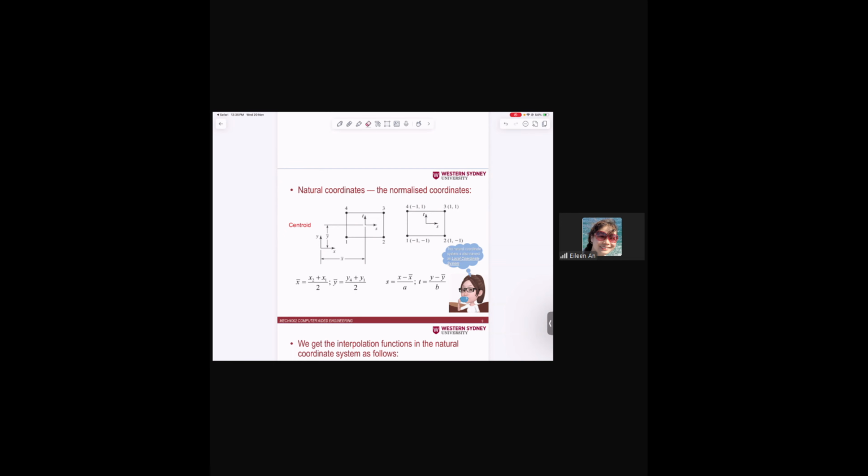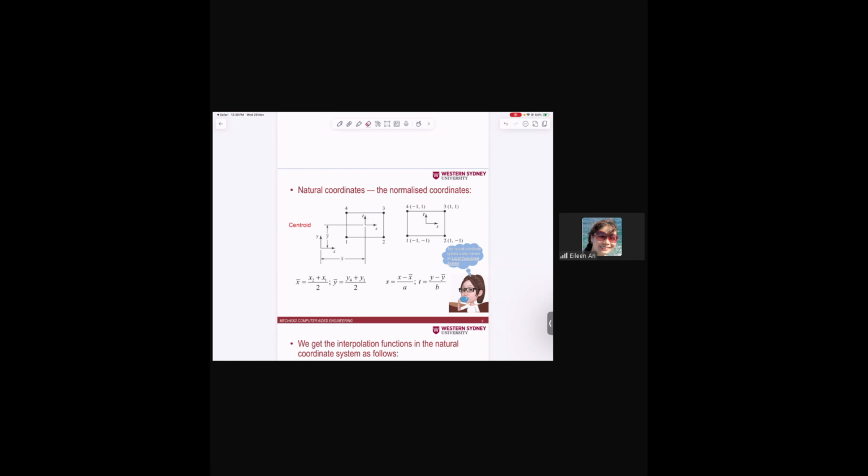And this time we use two ratios to scale x, y to s, t. And the ratios are here. x bar is the distance from the origin point of the global coordinate system to the local coordinate system in the x direction.